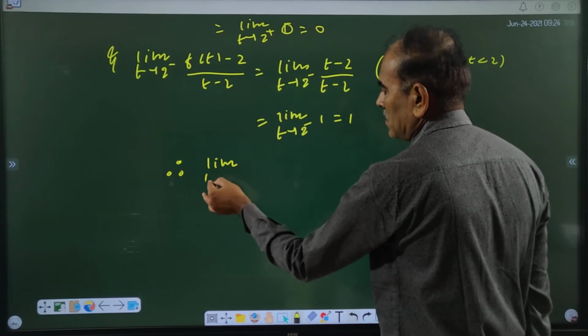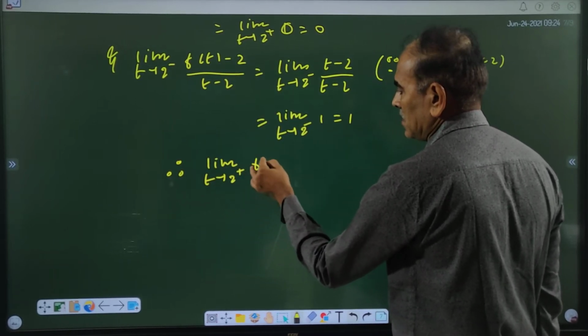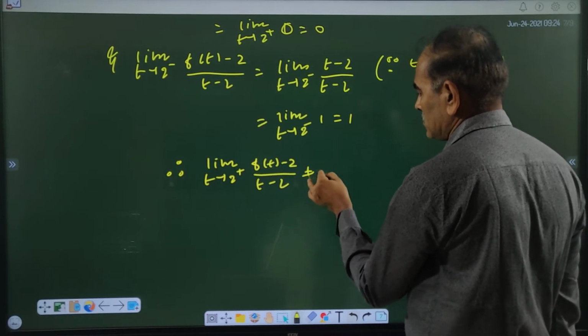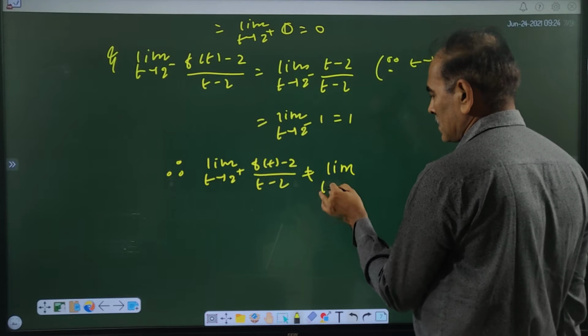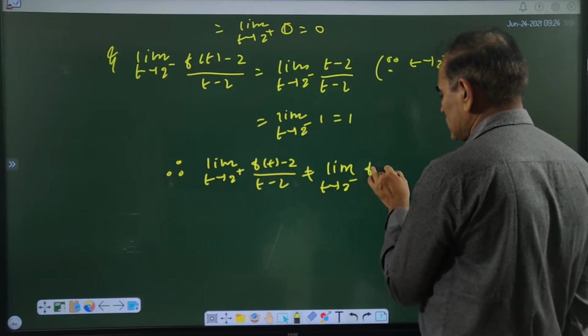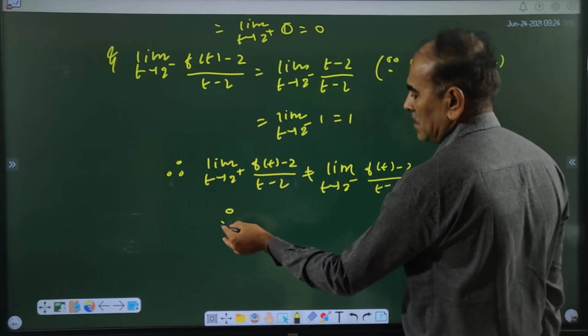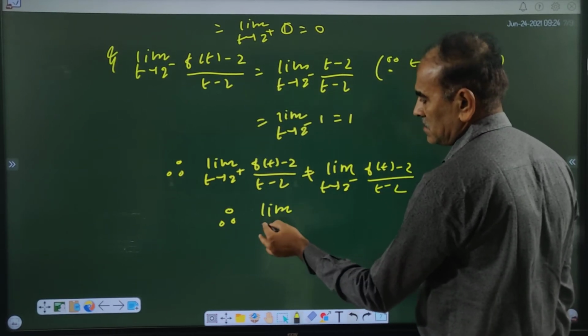And therefore, limit t tends to 2 plus of (f(t) minus f(2)) upon t minus 2 is not equal to limit t tends to 2 minus of (f(t) minus f(2)) upon t minus 2. And therefore, the limit does not exist.